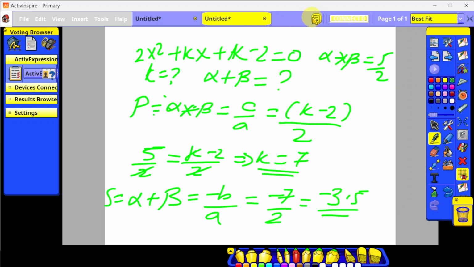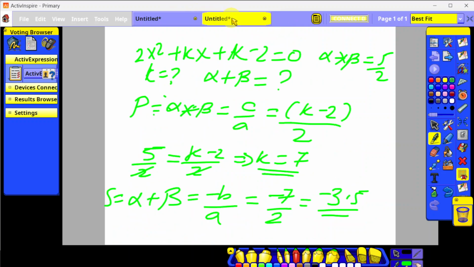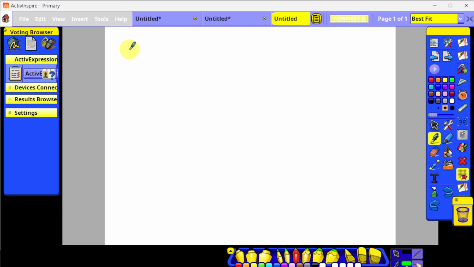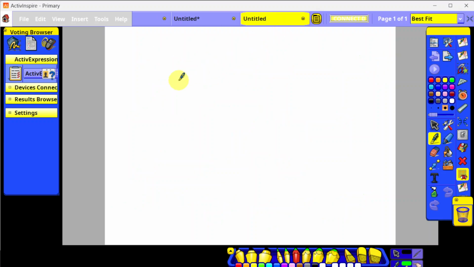But let me show you how this came first. The sum and product came first. If you don't want to remember all things, you can go ahead and see. Look, ax squared plus bx plus c is equal to 0.